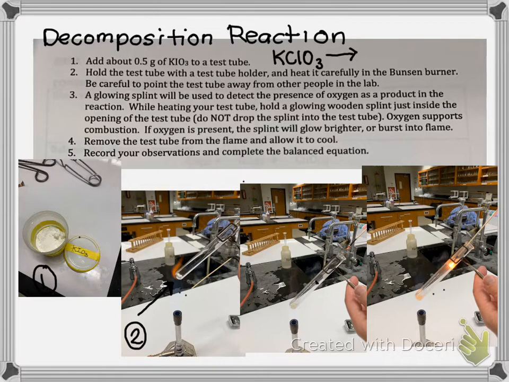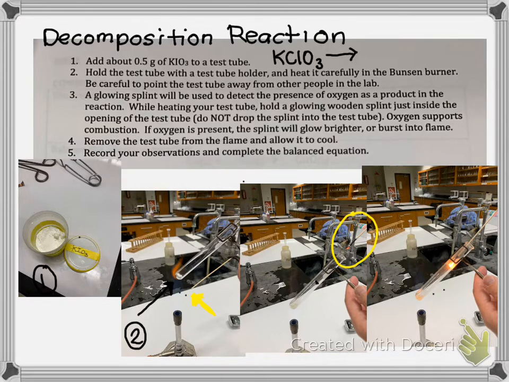Then it says use a glowing splint to detect the presence of oxygen. So if you look right here, let me change the color so you can maybe see what I'm circling on this picture. Over here, on the second picture, I had lit a wooden stick on fire, and so in this third picture it was glowing.